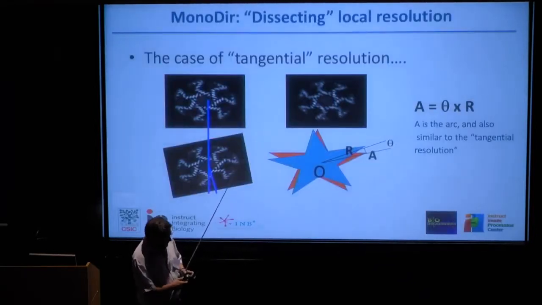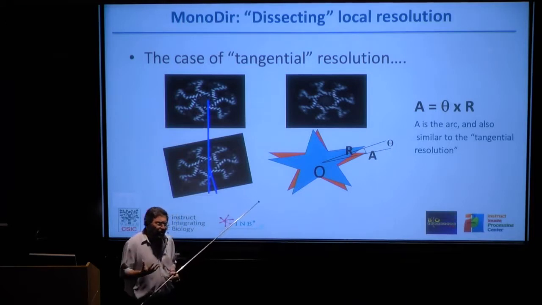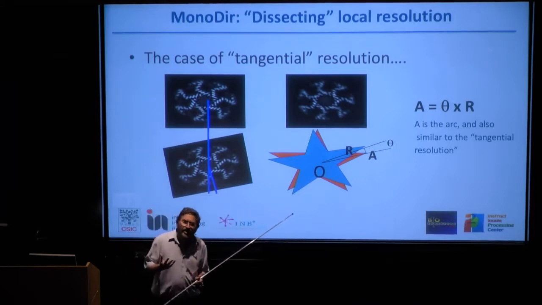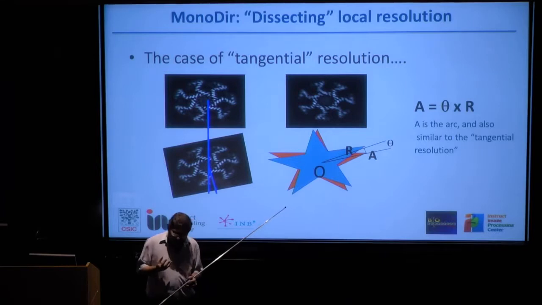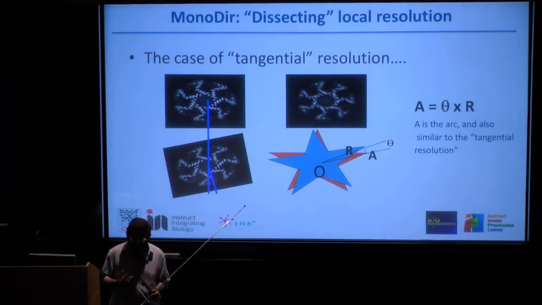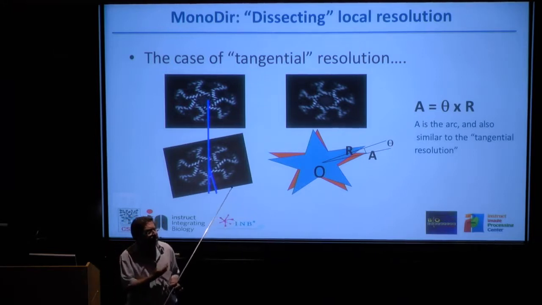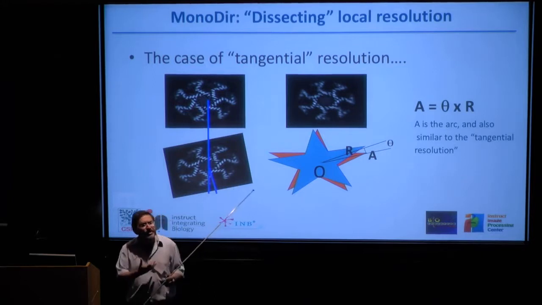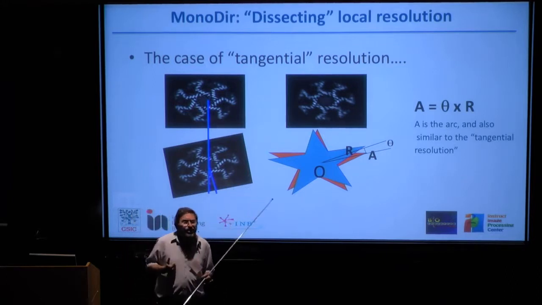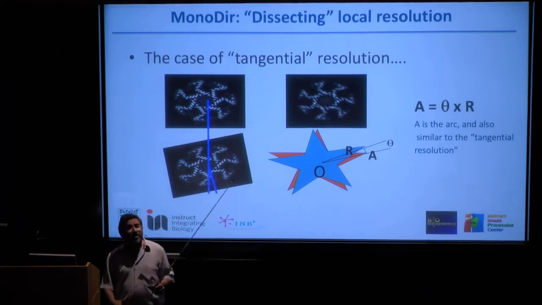If we have that notion of directionality in the local resolution, we can ask many questions. If I am in the center of an alpha helix, I am expected to have an important frequency that would be related to the radius of this alpha helix, or perhaps to the length of this alpha helix in another direction.